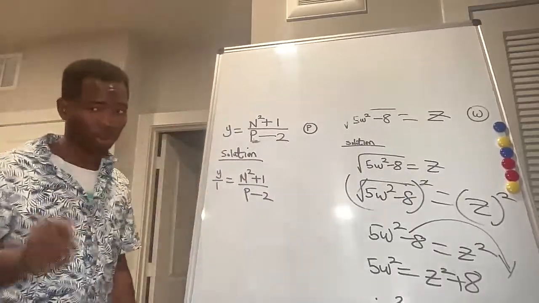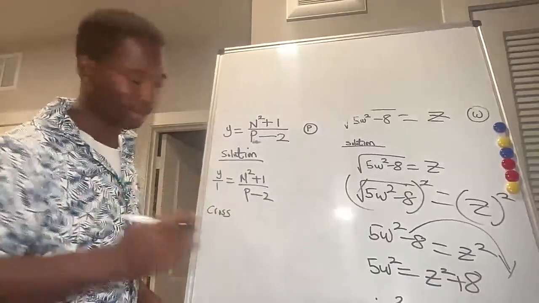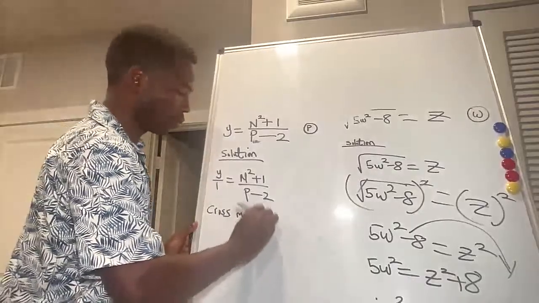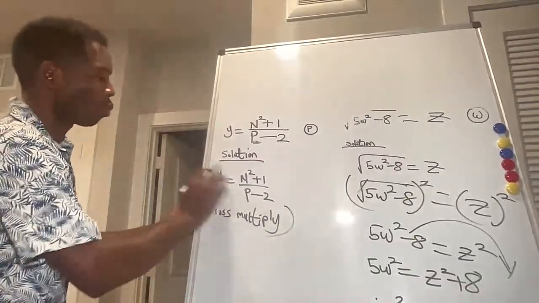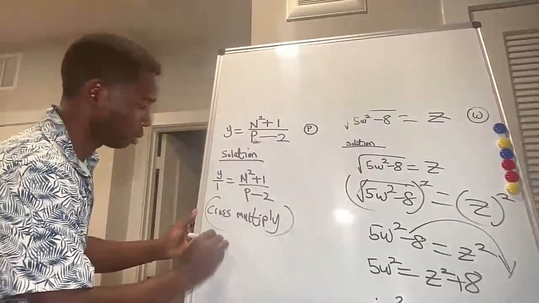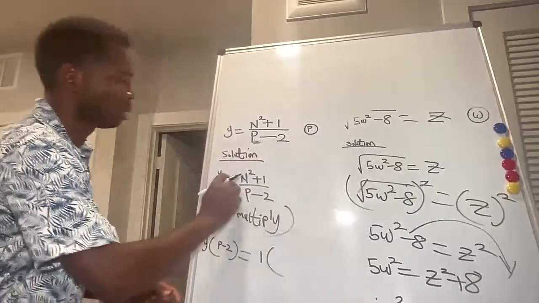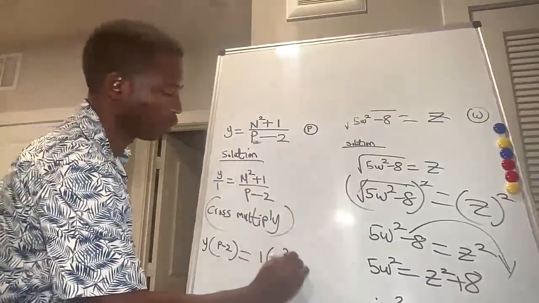First, let's cross multiply so that our equation will be linear. Y times p minus 2, y(p minus 2), is equal to 1 times n squared plus 1.